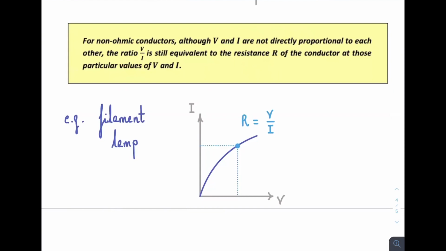In other words, if we take again the filament lamp, its graph is shown here, we can go at any point along the graph, such as here, we note the corresponding current and voltage values, and the ratio V on I at this point will give us the resistance of the lamp at this instant.